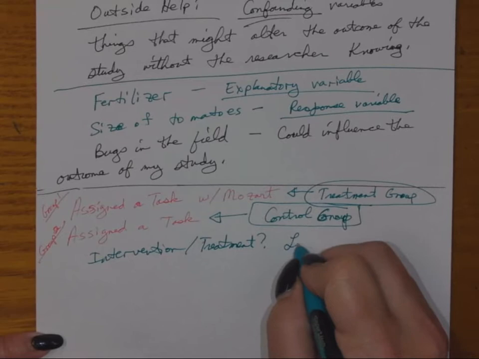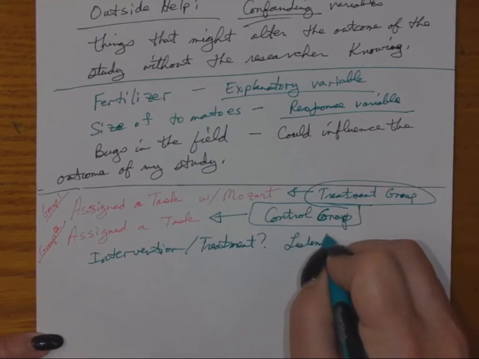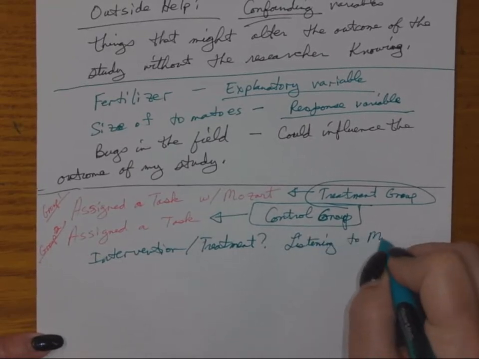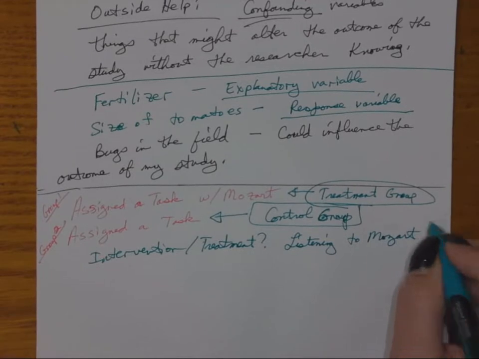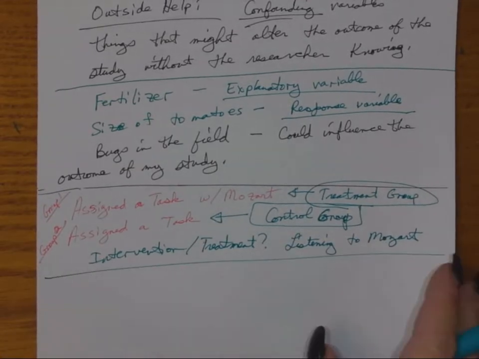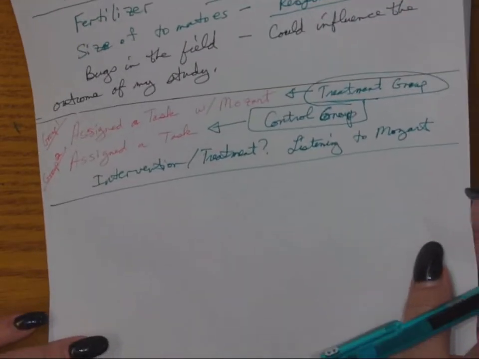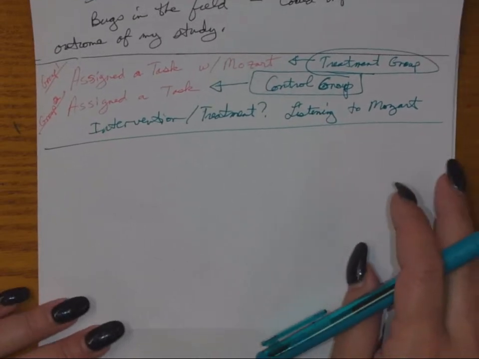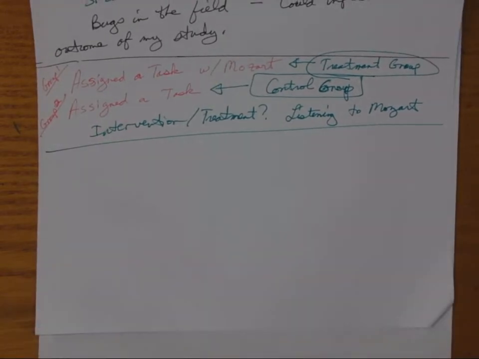And the answer is listening to Mozart, right? So again, on the homeworks for this section, a lot of times you're going to have to look through it and sort through and say, hey, in that scenario, what's this? What's the treatment group? What's the control group? What am I trying to happen? So what do you think they are trying to happen? What's their goal for this study?